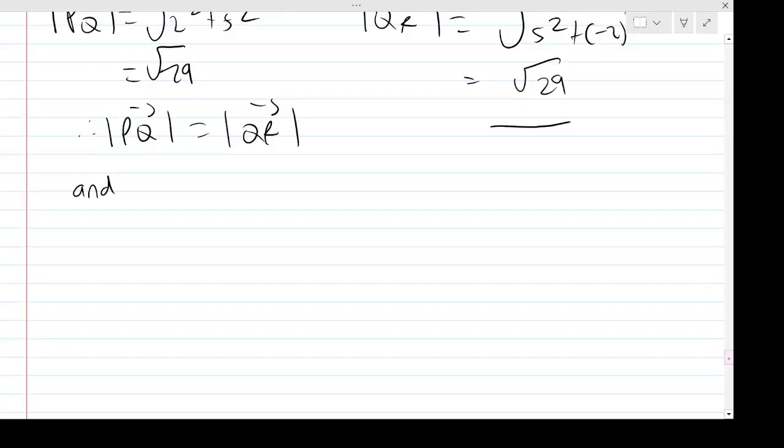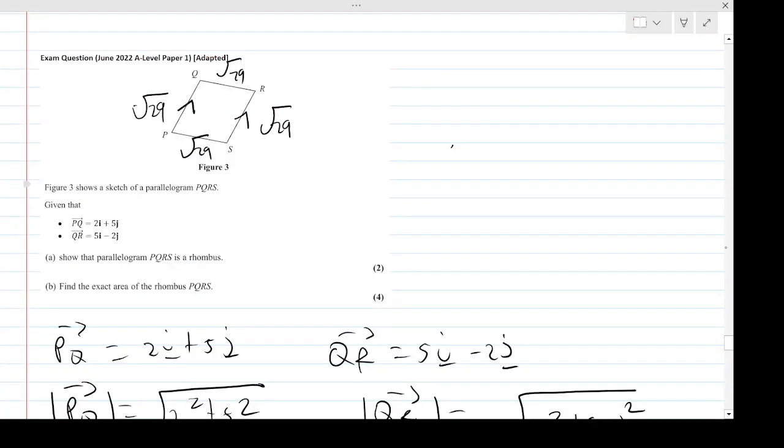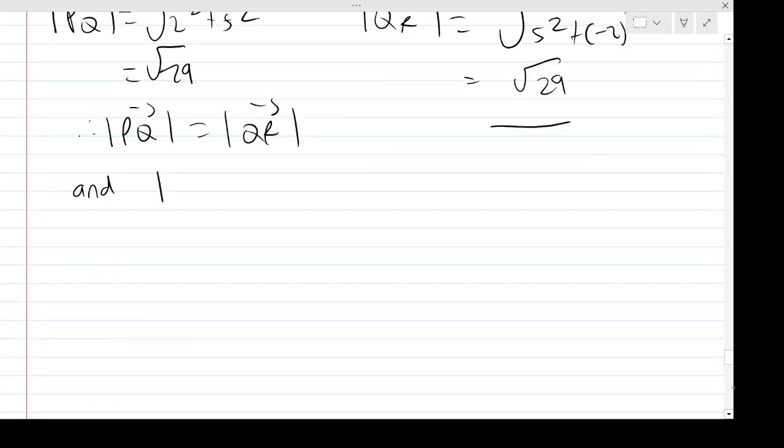And so I would also say that the lengths of the other 2 sides, PS and SR, are root 29, as it's a parallelogram.